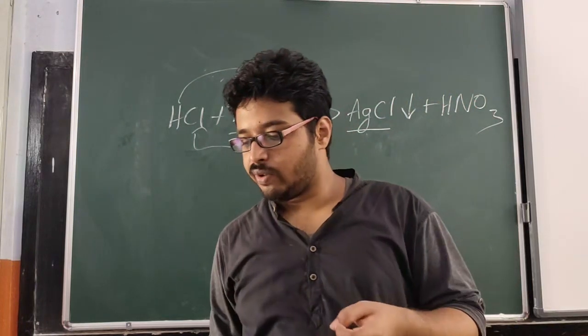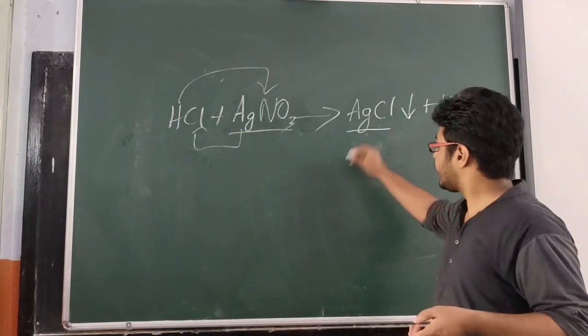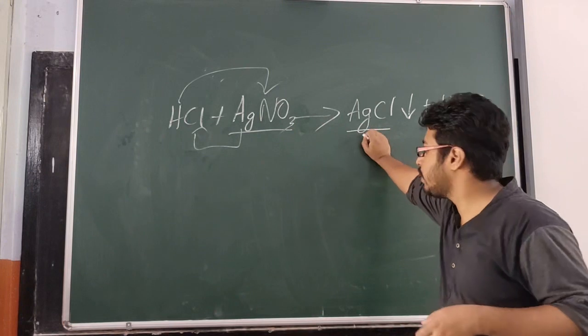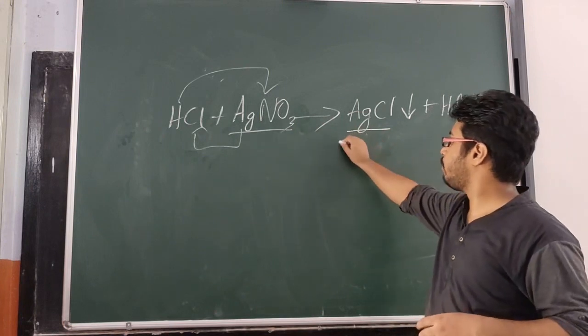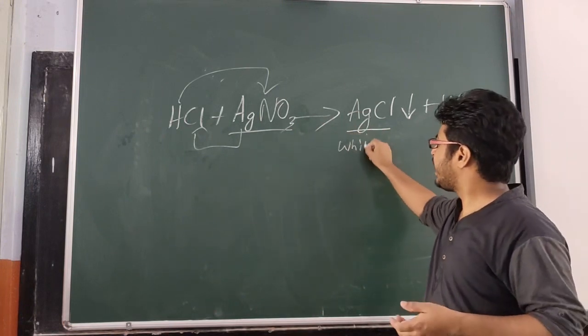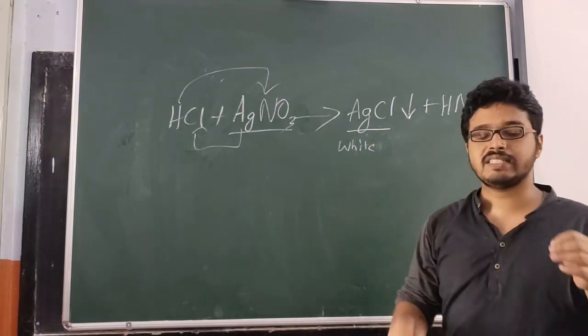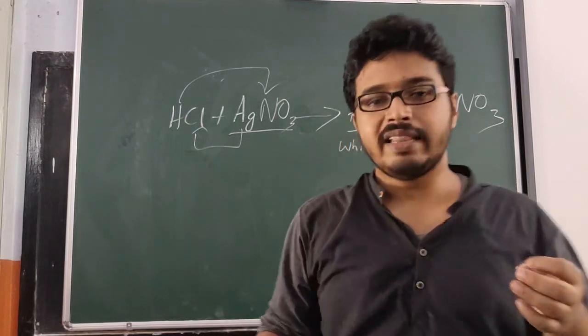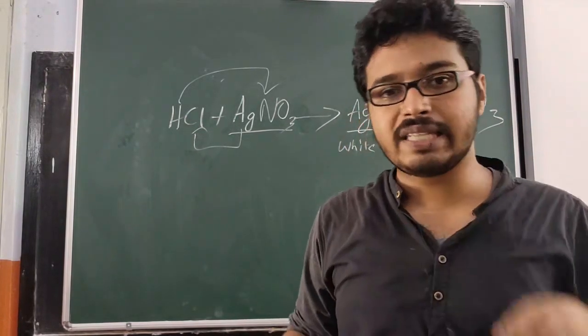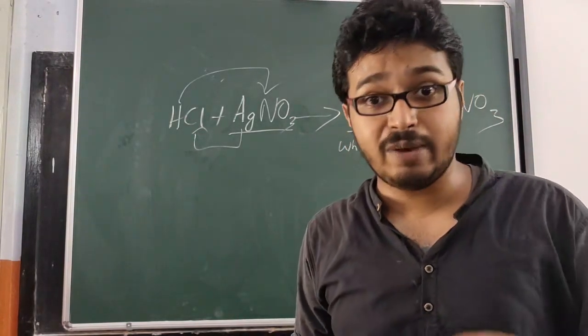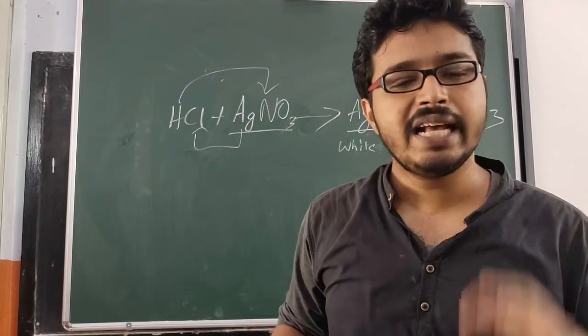The only thing is that in case of silver chloride, when you are writing the type of precipitate, you cannot write it as just white precipitate. Just like in case of zinc, the precipitate was not a white precipitate, it was a white gelatinous precipitate.